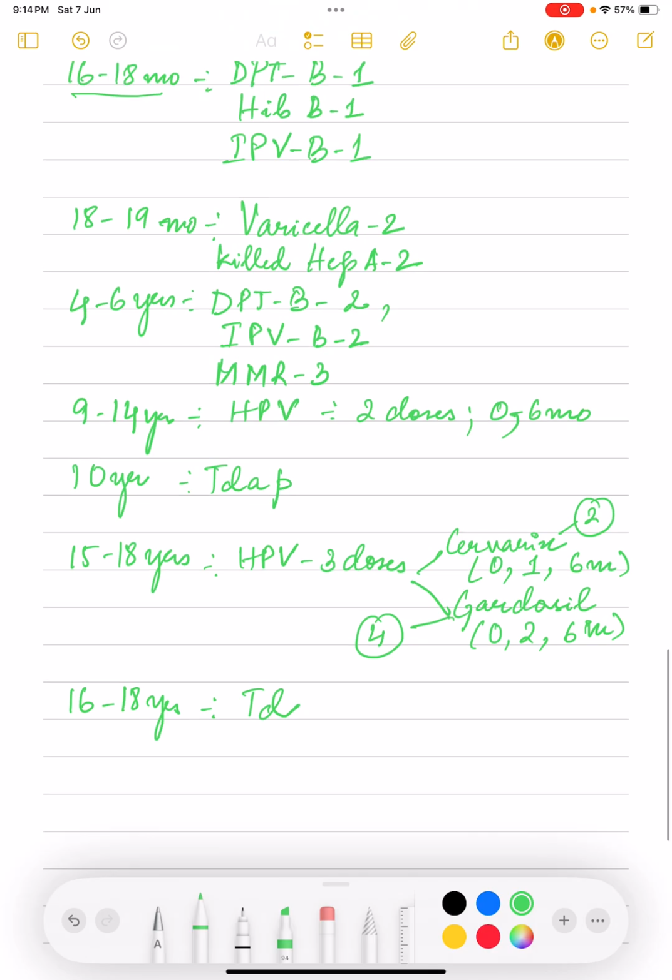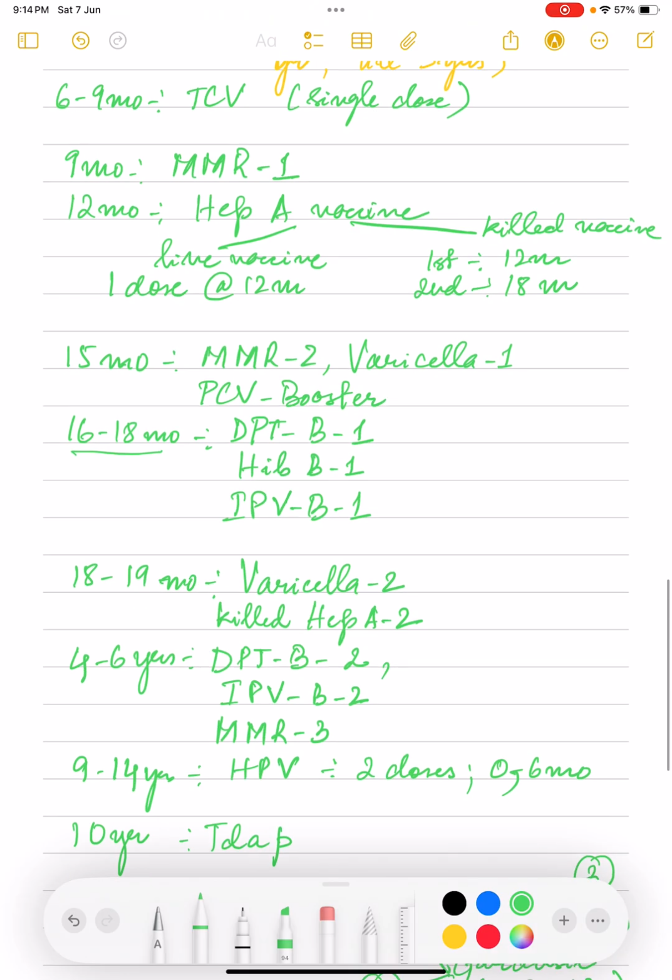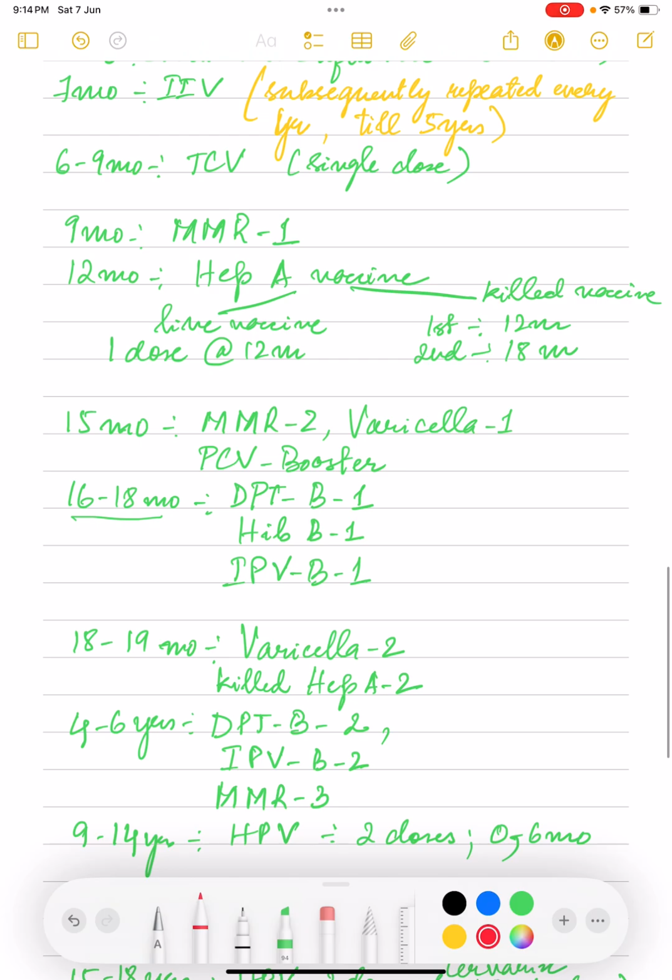Okay. Now I'll tell you about a few updates that were made by the IAP and ACVIP in 2023. The first update. Supposedly a patient has received fractionated IPV in a government institution at 6 weeks, 14 weeks, and then the booster at 9 months.